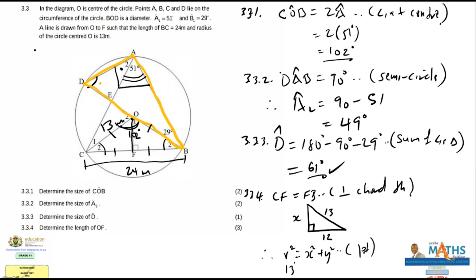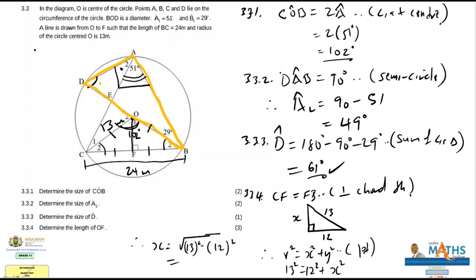Then it's 13 squared equal to 12 squared plus x squared that I'm looking for. Then we can conclude that x is the square root of 13 squared minus 12 squared.